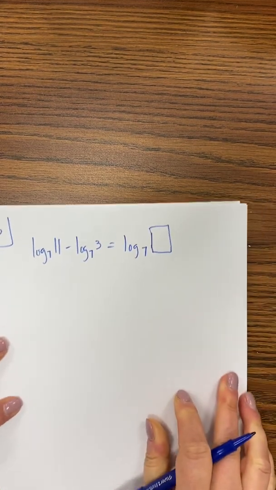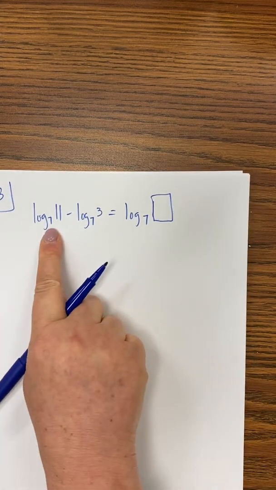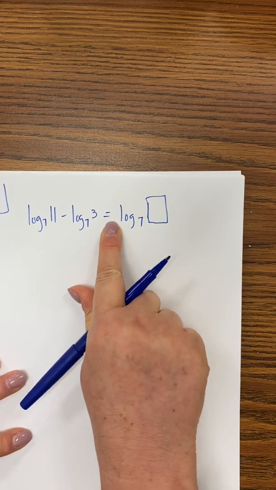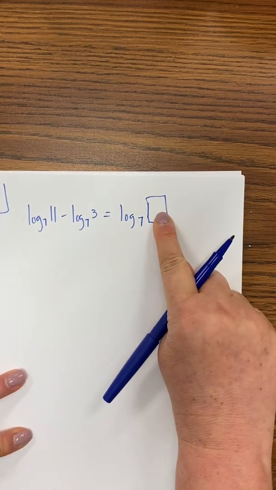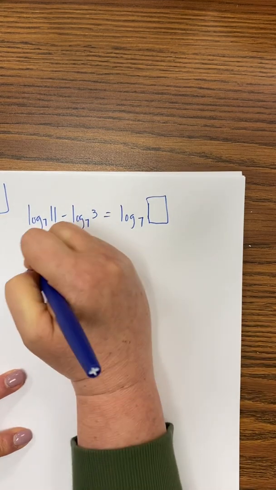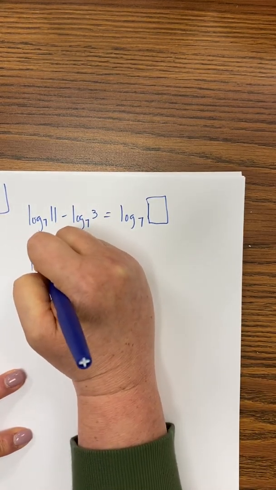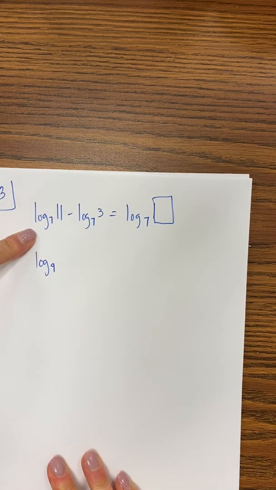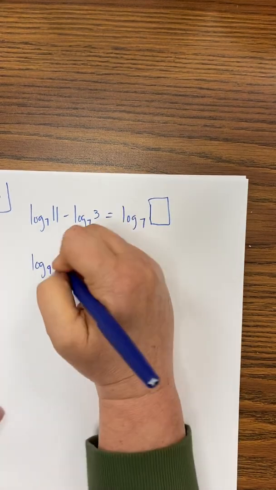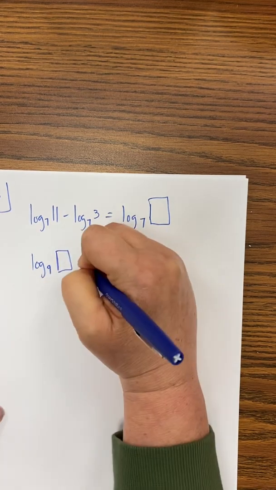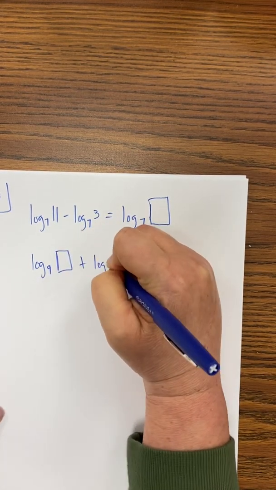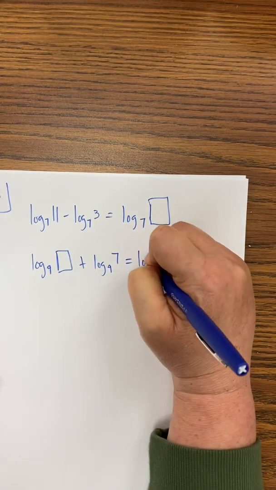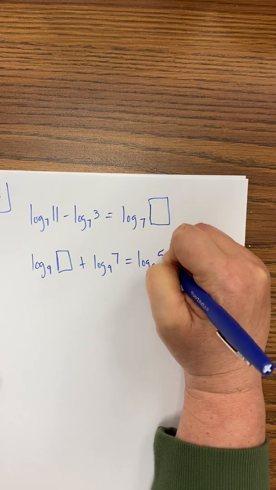So like this one, if I have log base 7 of 11 minus log base 7 of 3 equals log base 7 of what? That's what you're finding. Then there'll be 3 on each of these because you'll have all three types. This one's the quotient first, then this one's going to be the product, and you have to know that because is it subtraction, is it addition, or is it the power property?